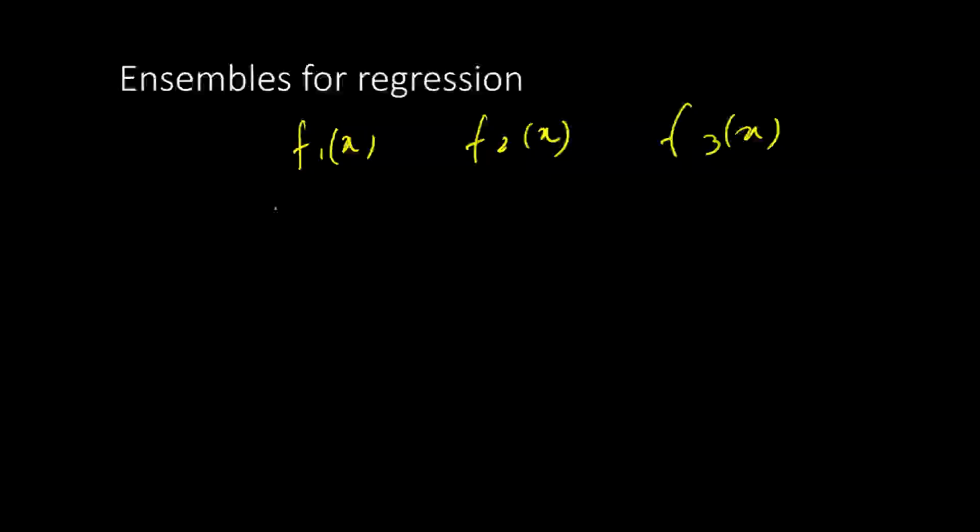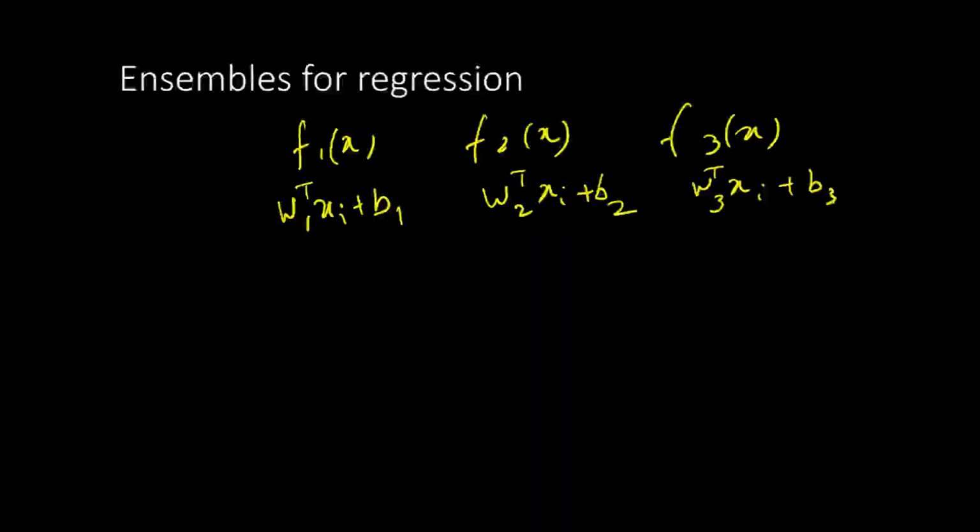So this is w1 xi plus b1, and this is w2 xi plus b2, and w3 transpose xi plus b3. Here w1, w2 and w3 are all vectors. These are three different regressors.